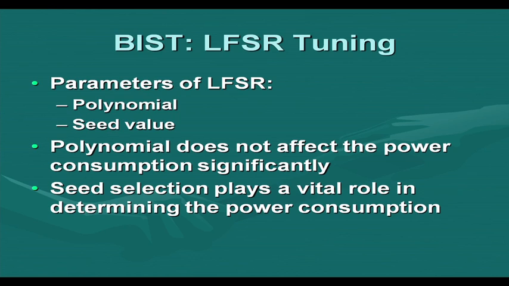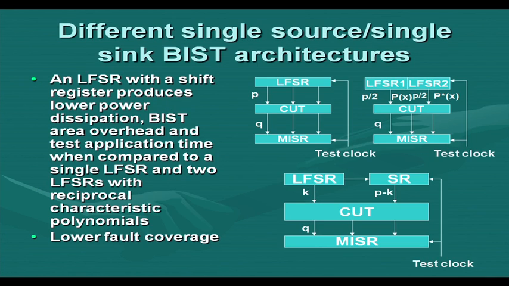As a result, the switching activities for different parts are going to be different. If we are applying only 1000 patterns out of 2 power 20, selecting those 1000 patterns from different regions, naturally the power consumption will be less. This way, LFSR tuning can help us in reducing the power consumption.